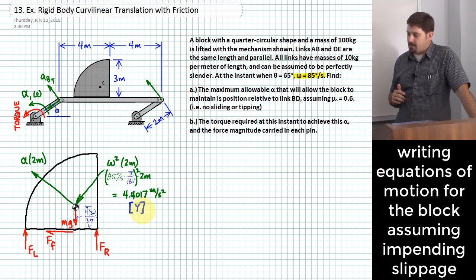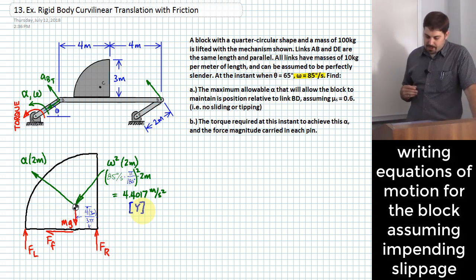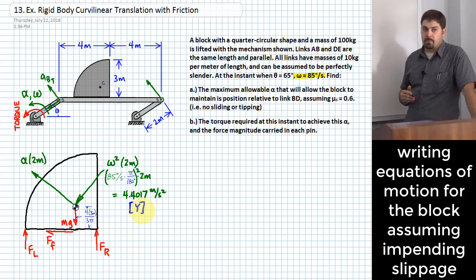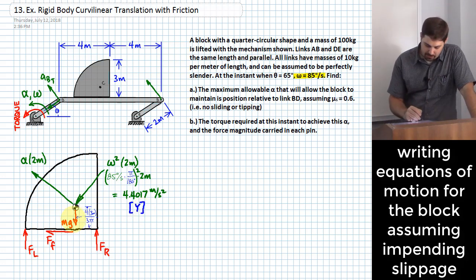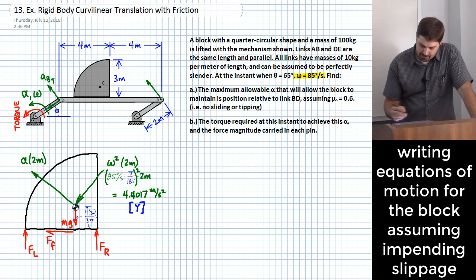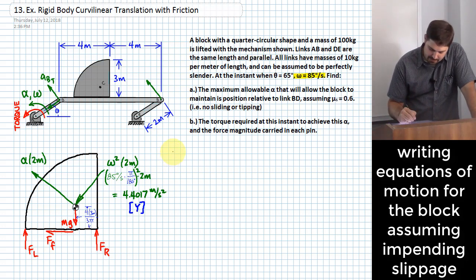I think the recommendation here is that we can sum moments for this block, and I don't see much of a reason to sum around any other point besides the center of gravity. So that's a good recommendation. We can take this block and sum moments around the center of gravity, which I've called point C.